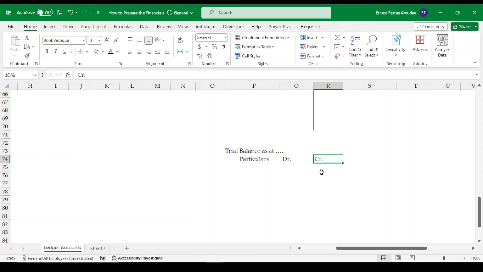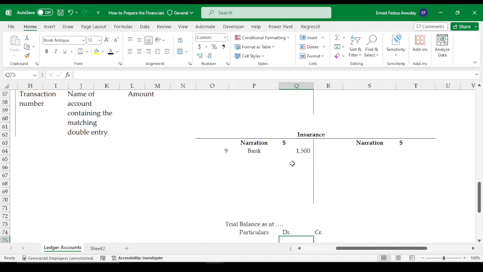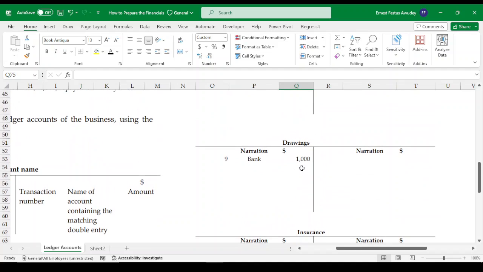So what we are saying is that you will have the name of the account here under the particulars column, and then these debit and credit columns are going to be containing the amounts that are our balances brought down. The balances brought down. That is why we are having balances brought down and balance carried down like that.